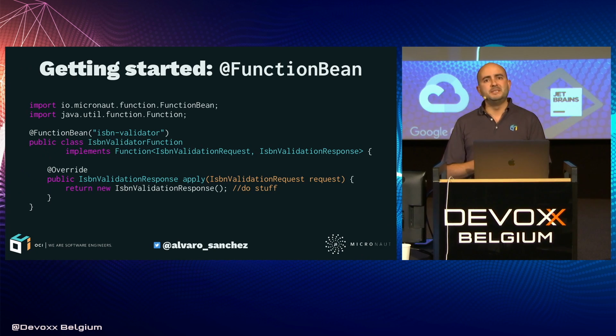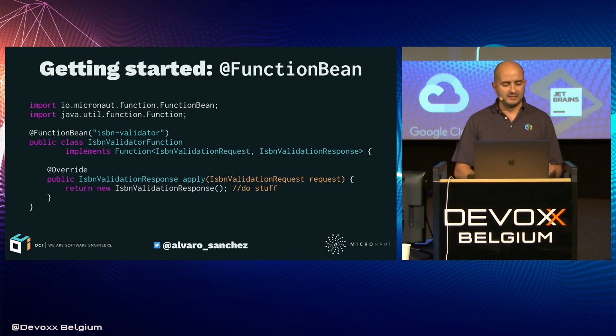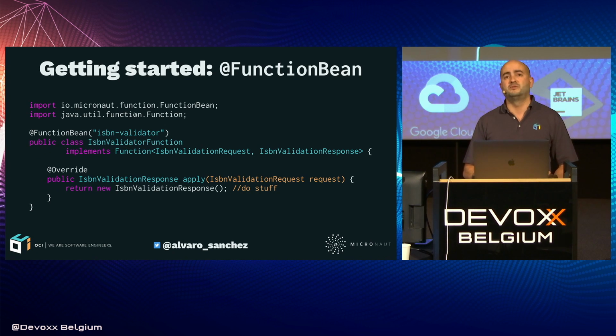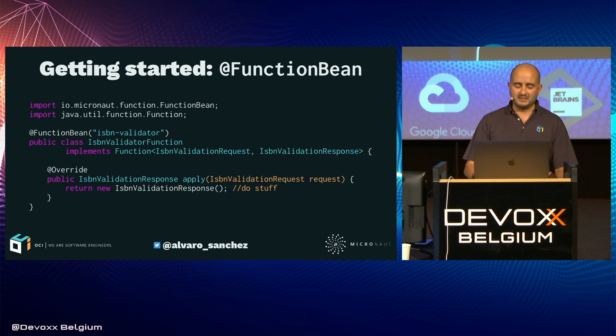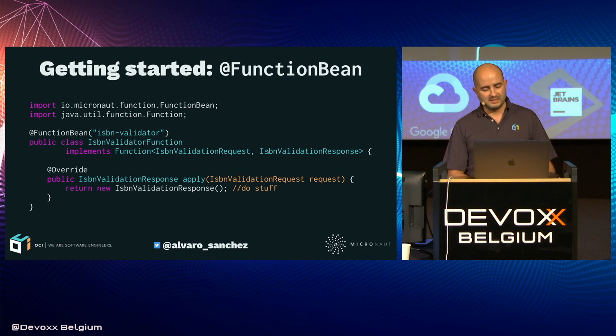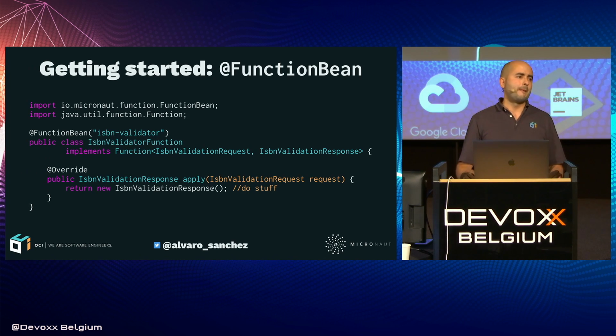The actual implementation in this case is java.util.Function. So it's pretty standard stuff. This function in particular, which validates an ISBN, takes a request object as input and returns a response object as a result, right? So that's the apply method, and then you do your things here.